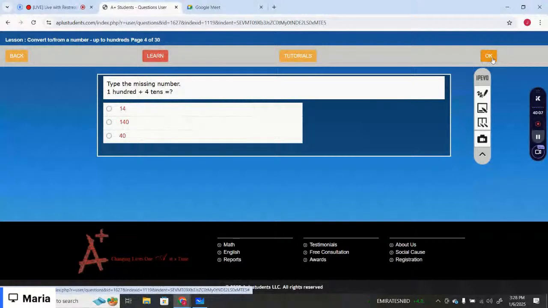Type the missing number 104 ones. So which is the correct option?